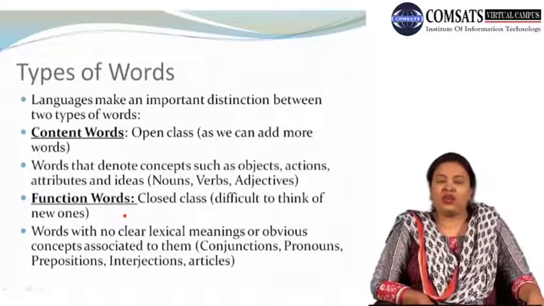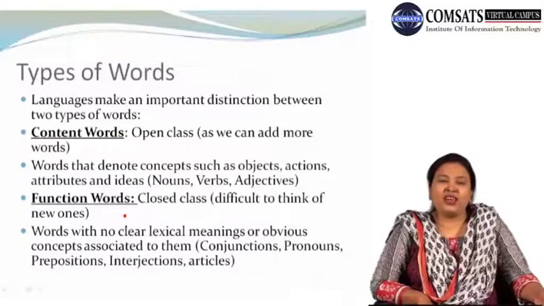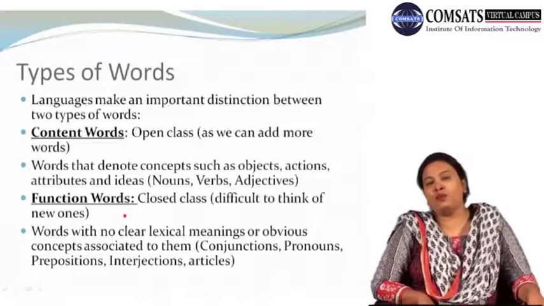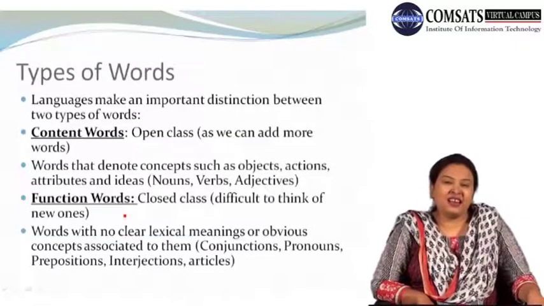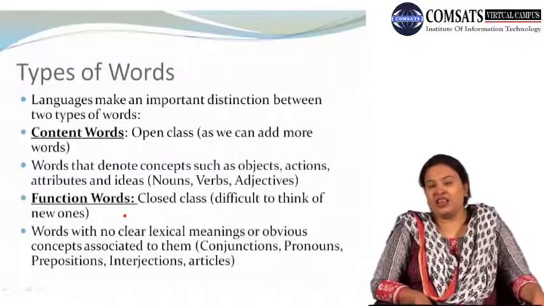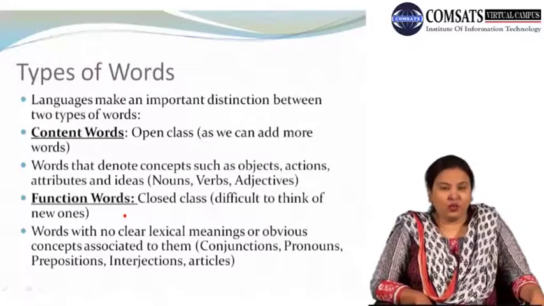I know where to use the conjunction and, where to use but, where to use or, but there is no exact meaning for these words, and I cannot use them independently. If I say the word but, I am not conveying anything, because but is a joining word, which is helpful when I am joining phrases, clauses, or sentences. But as a single entity, it does not have its own lexical meaning. So conjunctions are function words.